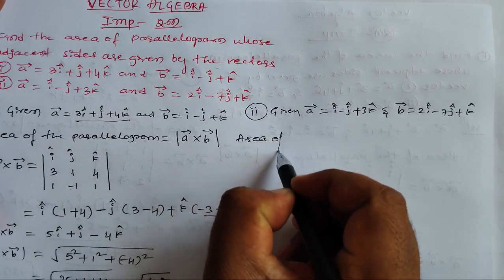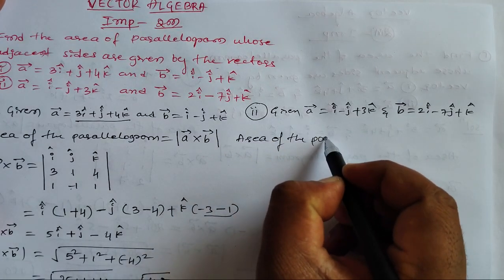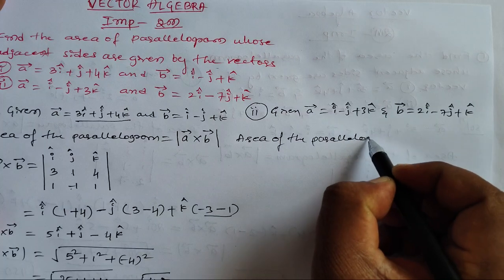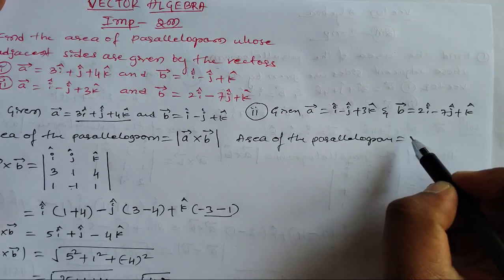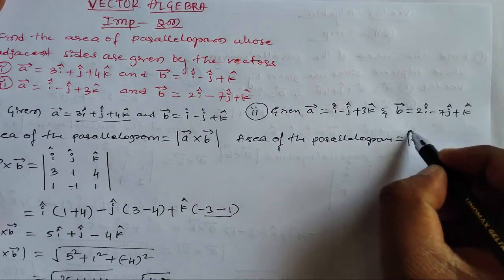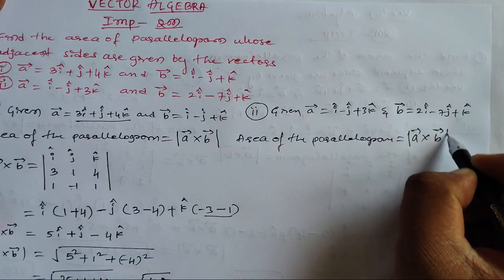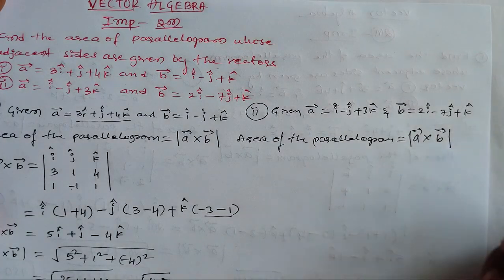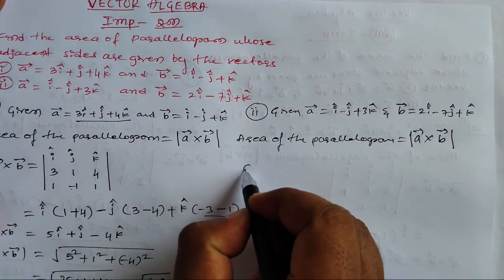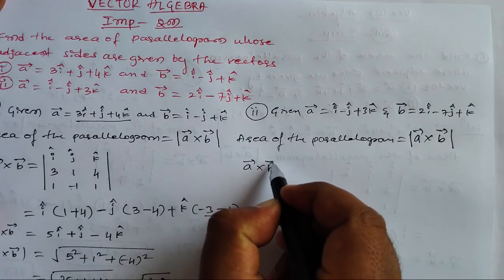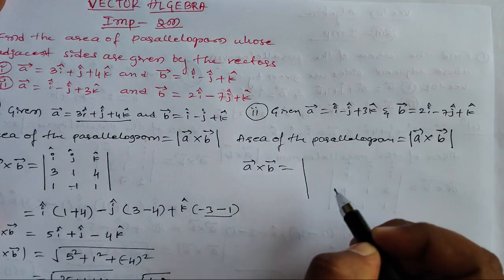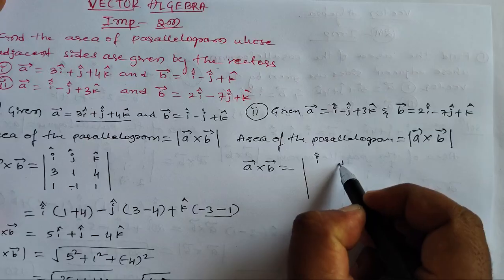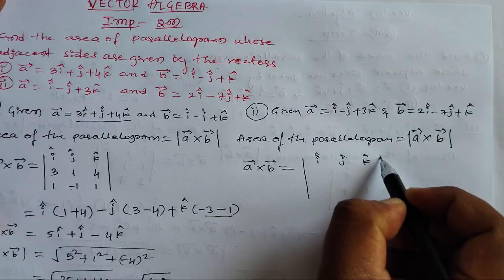Now area of the parallelogram is equal to magnitude of a vector cross b vector. Then we find a vector cross b vector is equal to determinant of what? i, j, k.